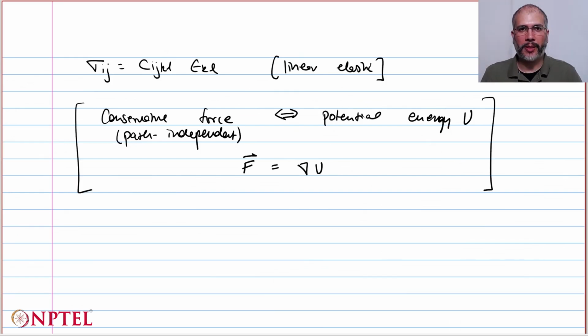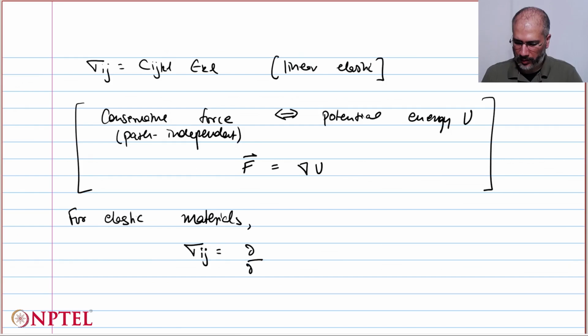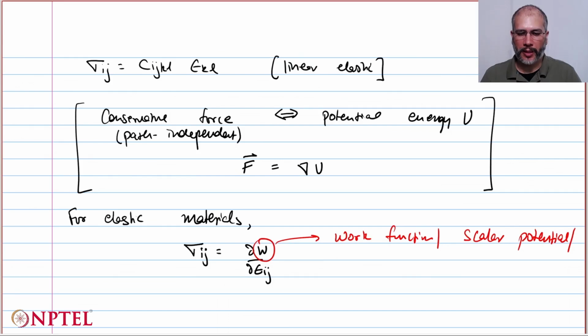So we use the same idea in elastic materials which are reversible. So we say that we can define sigma ij as del by del epsilon ij of a scalar potential W, which is called the work function. Or it is also popularly known as the strain energy.